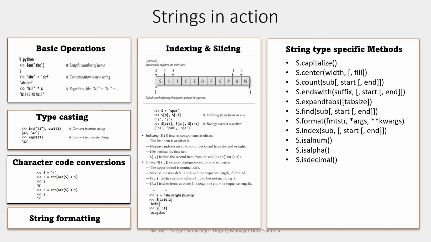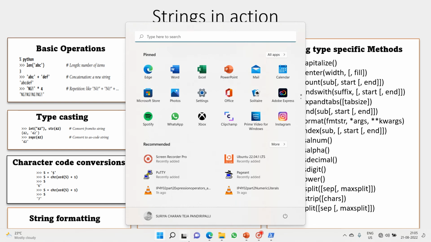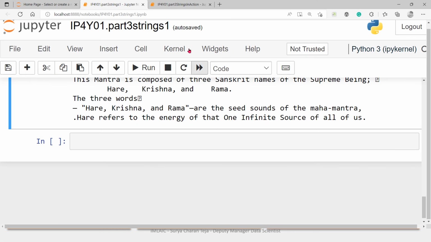That same expression we are using. That's why I'm saying you should understand the basics well so that it would be a free flow. Now we will code all these methods and whatever we have learned so far in this slide in Jupyter Notebook.